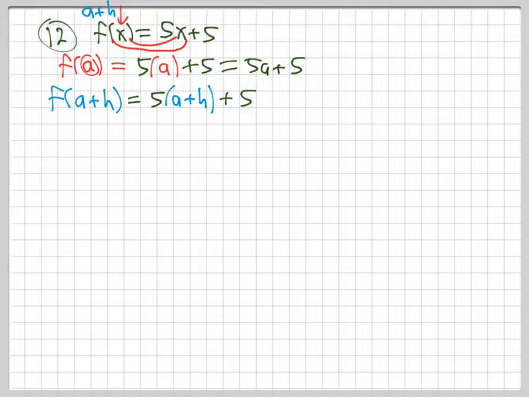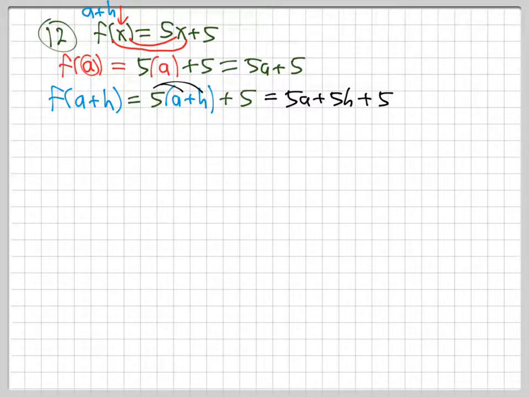Does everybody see what happened there? We just plugged in A plus H in the X slot. So again, the X is like the holes in the toaster, the insert slot. Whatever you plug into the function, it plugs in right there. Now that one we're going to have to distribute a little, do a little bit of work. Only really one step, huh? Just to finish that one up there. So this 5 is going to go boom, boom. And you get 5A plus 5H plus 5 done.